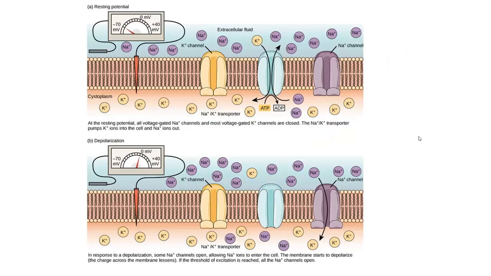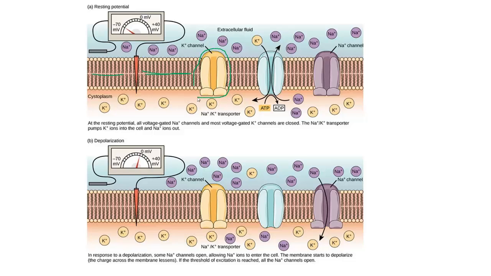Now here is a zoomed in image of the axoplasm and the axolemma, which is nothing but the plasma membrane of the axon or the neuron, whatever you want to call it. So here is the plasma membrane of the neuron. It's a lipid bilayer. You have these transmembrane proteins right here.